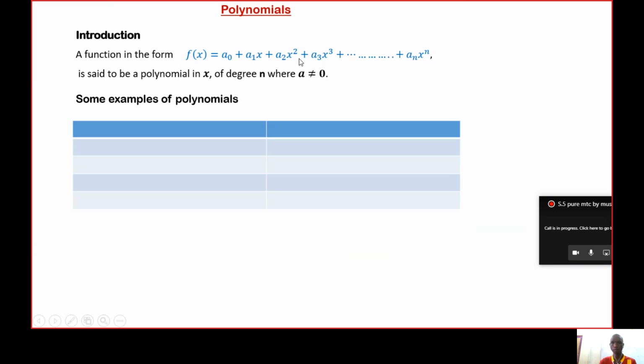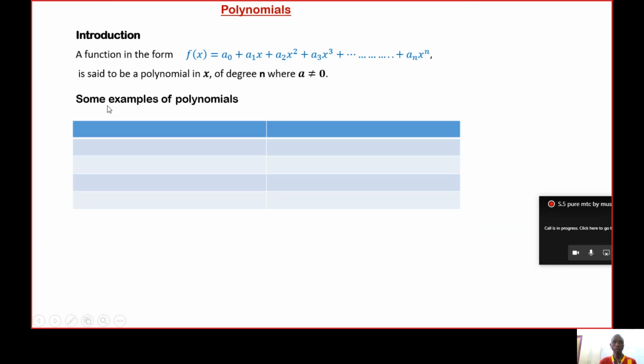Otherwise, if they are 0, then we couldn't have such a function. So it is only true that it is a polynomial in x of degree n when these constants are not equal to 0. So this is simply a general format of a polynomial function.